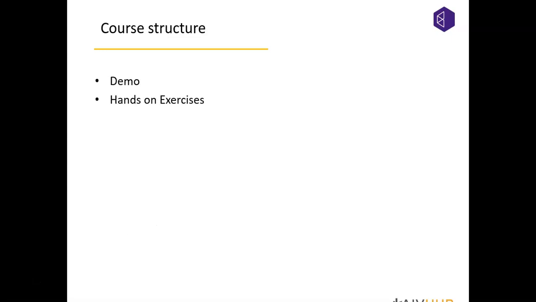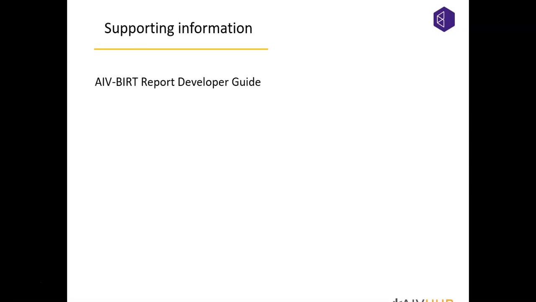The overall course structure is designed in a way where initially I will demonstrate the exercises wherever required, and then you can have the hands-on exercises provided to you in the training manuals. The information that we are going to provide you is the AIV Birt Report Developer Guide, which will be there with you.